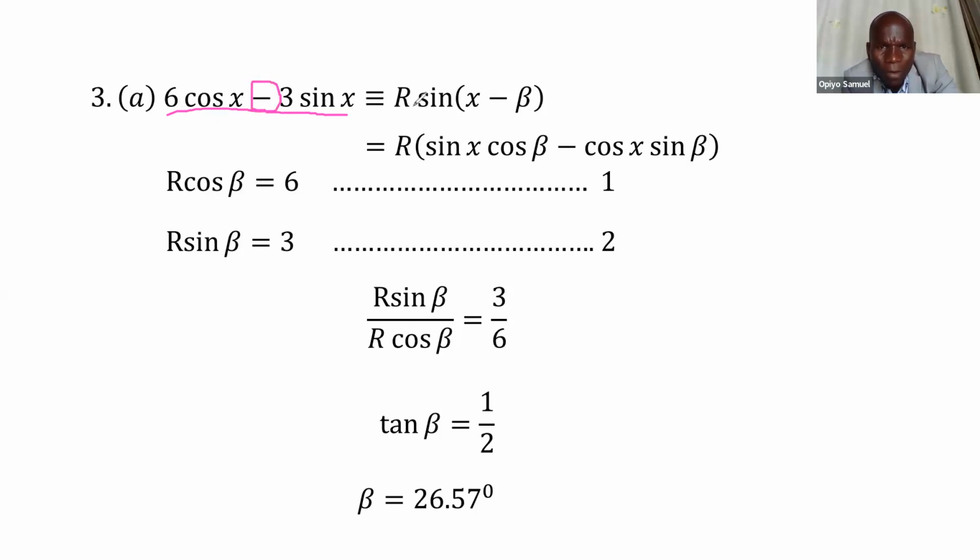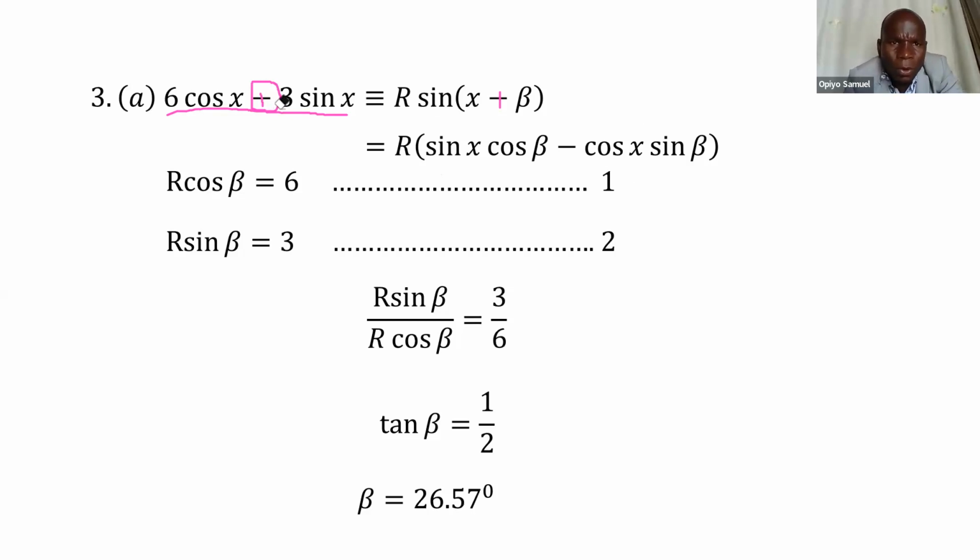So it means you should have R sine(x minus beta). If this was positive, then this will also be sine(x plus beta), like that. This is from the compound angle formulae. That's where you generate this. So with trigonometry, you really need those identities in order for you to solve the problems.